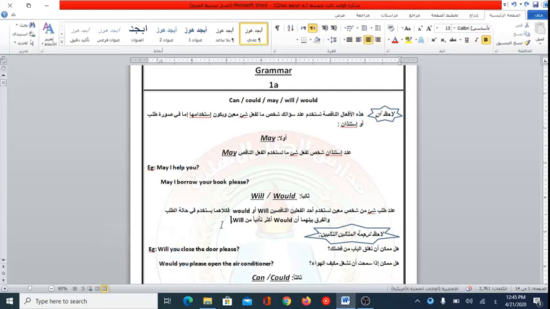So ازاي اقدر افرق ما بين ان انا ممكن استخدم في هذه الجملة فعل ناقص يعبر عن طلب او فعل ناقص يعبر عن استئذان؟ لاحظ جيدا هذا الفرق، وان بعد الافعال الناقصة التي ممكن ان نستخدمها في حالة الاستئذان نأتي بالضمير I، لكن في حالة الطلب نأتي بالضمير you. اوكي.